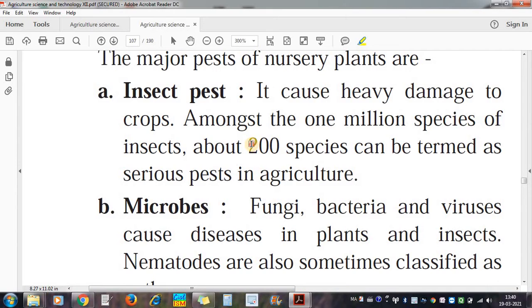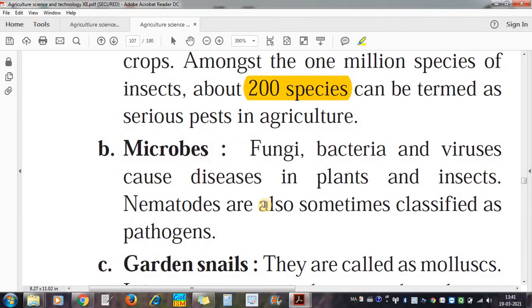Insect pest, this term covers over 200 species which are found in agriculture, and the kinds of pests we have studied during the last 11th standard. Sucking pests are there, eating pests are there, leaf rolling pests are there, stem borers are there. So billions of insects cause damage in agriculture.